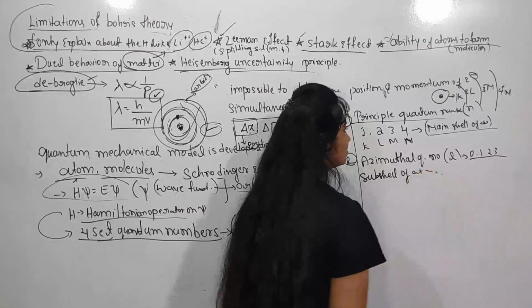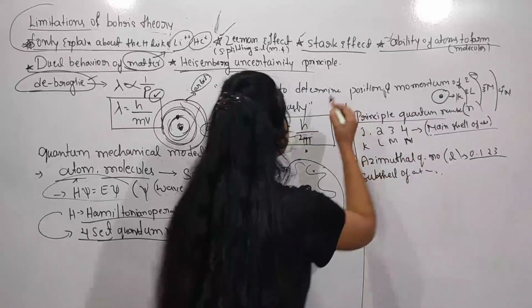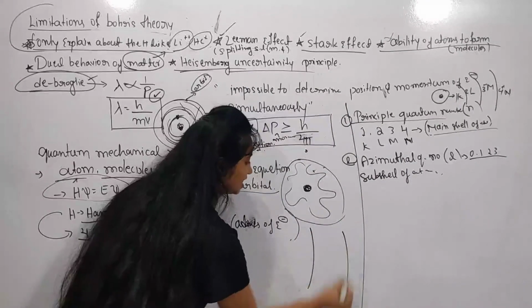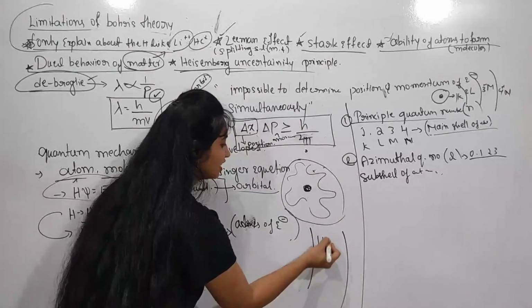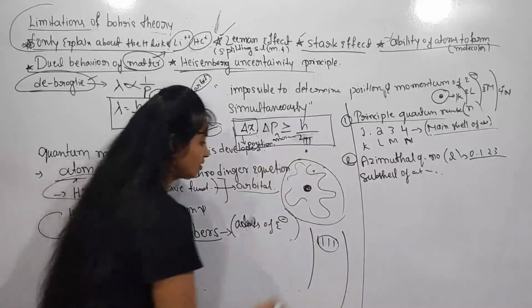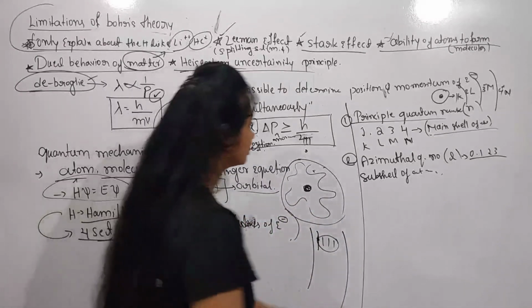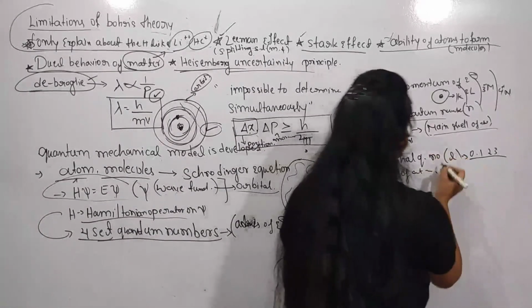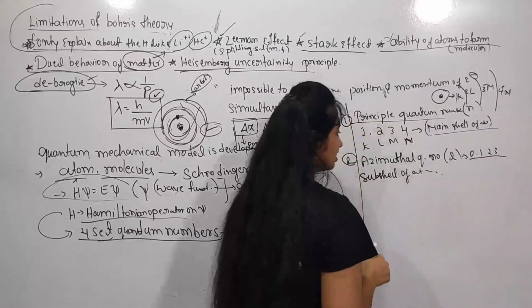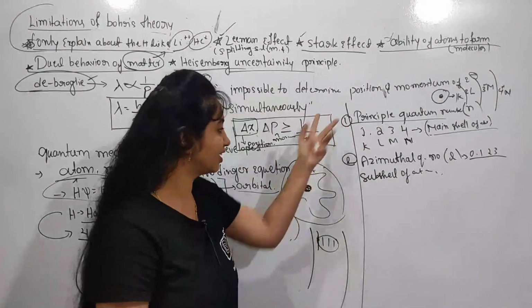So what do you mean by the subshell? Consider this is our main shell. Here again we have some shells, so these are called subshells. The subshell has the orbitals. So see here, azimuthal quantum number l equals 0, 1, 2, 3. This also says something about the energy of an atom.